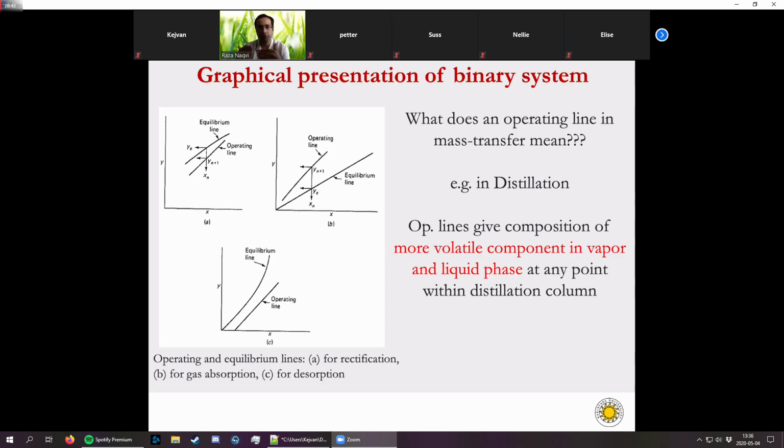It gives us information about either the more volatile component or the less volatile component. If the system is in equilibrium and we know a particular value of x, the mole fraction of that component in the liquid phase, we can calculate the mole fraction of that component in the vapor phase. So this is the equilibrium line.